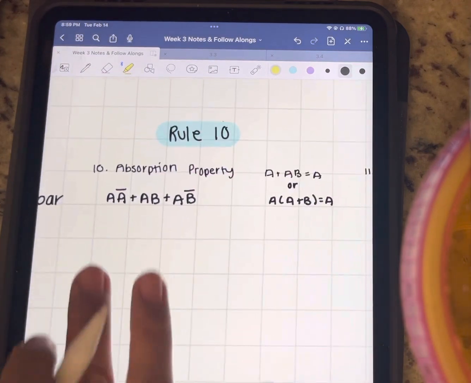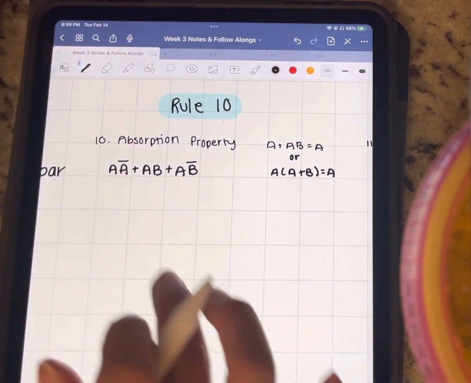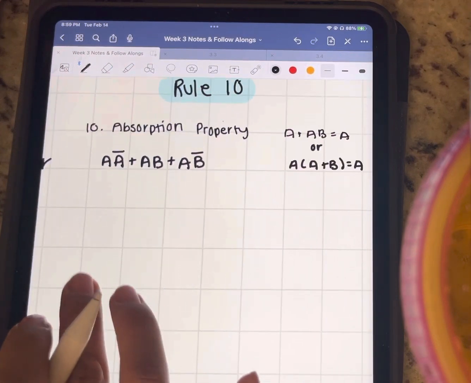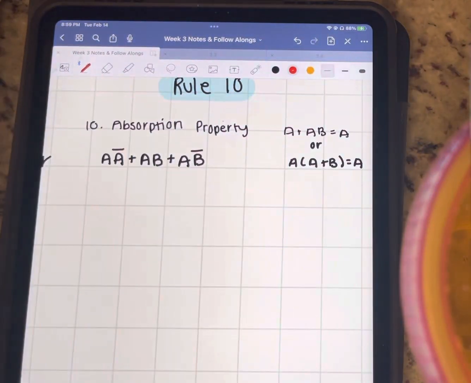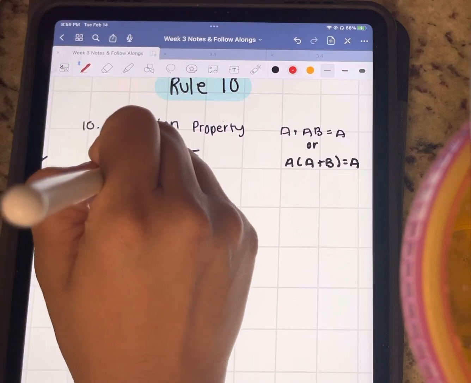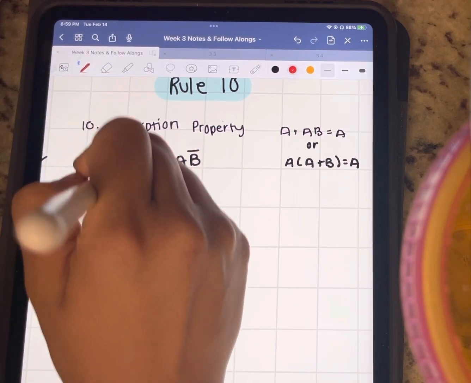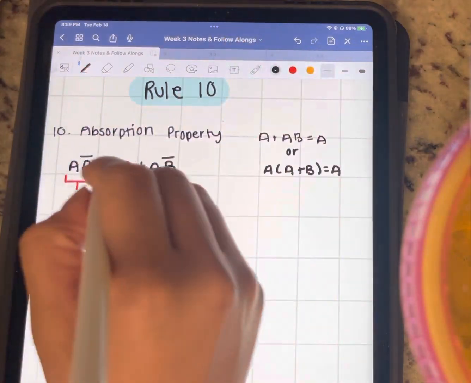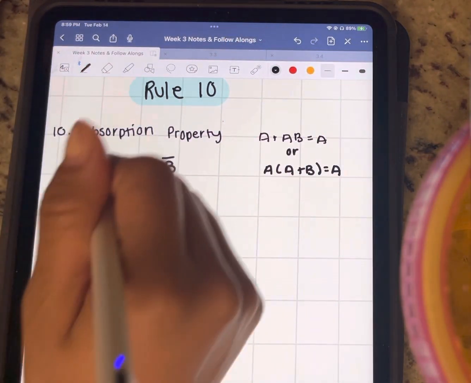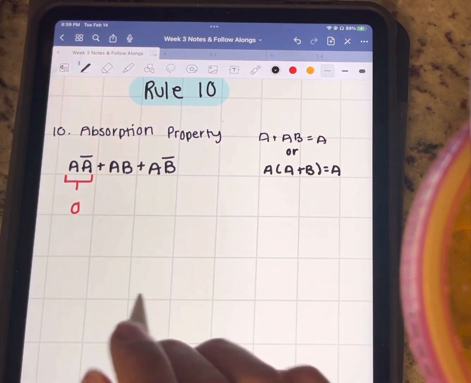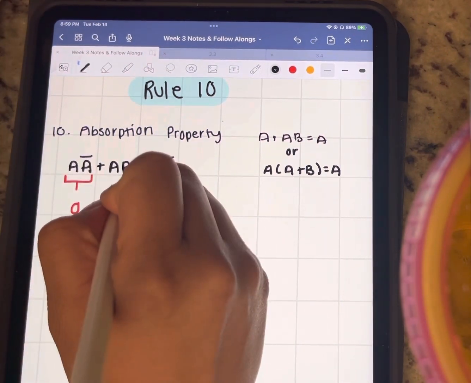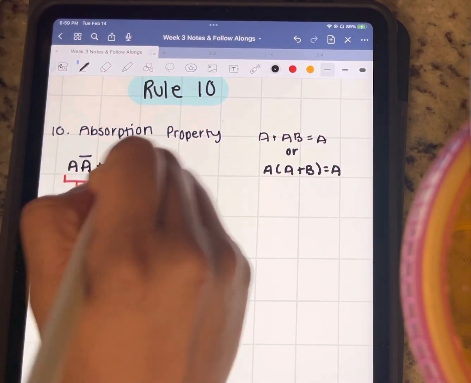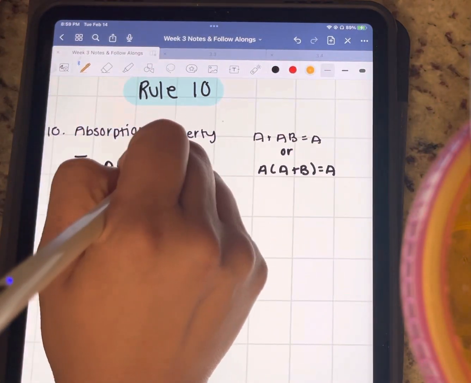Moving on to rule number 10, absorption. Like we stated earlier, A times its complement is going to equal 0. And then we have these two expressions, and we can factor out an A from both of them.